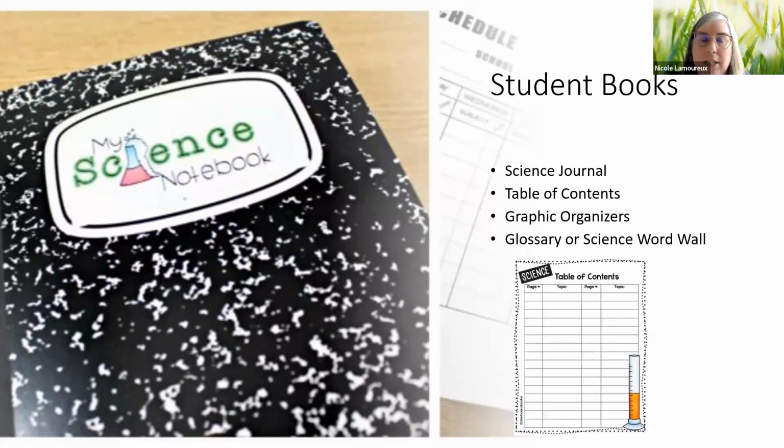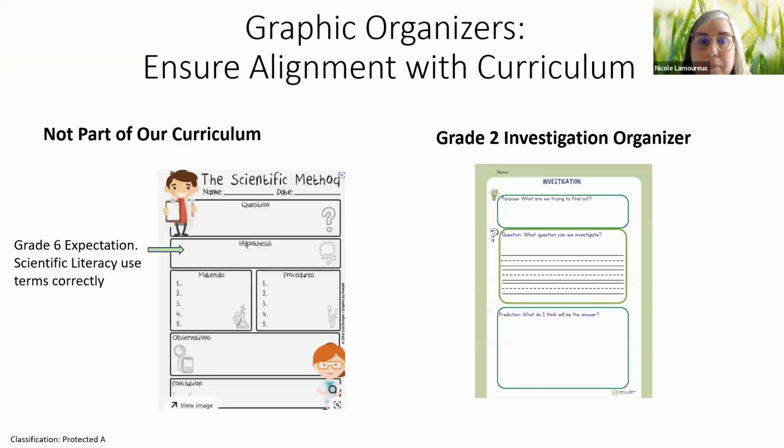As a consultant in elementary science, looking at the PATs, that was one of the facts: students didn't understand the language of the science terms. So be very cognizant of that, and I will talk about that and give examples of how to do that in your classroom as well.